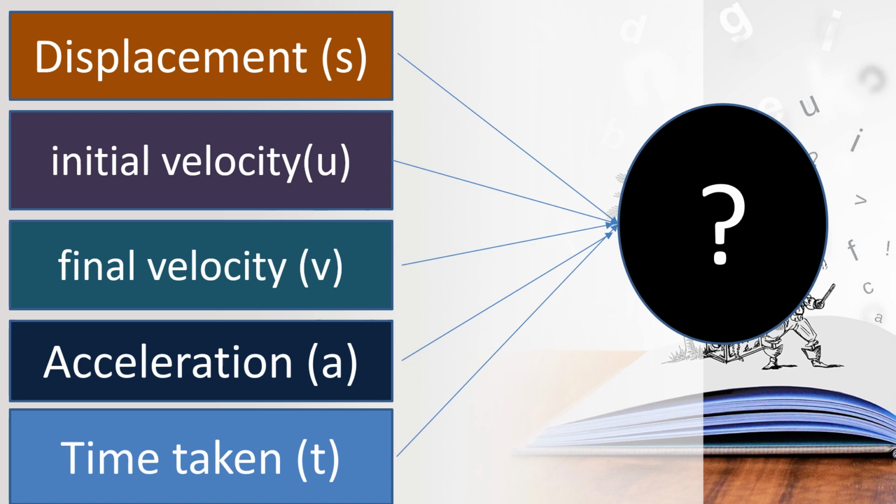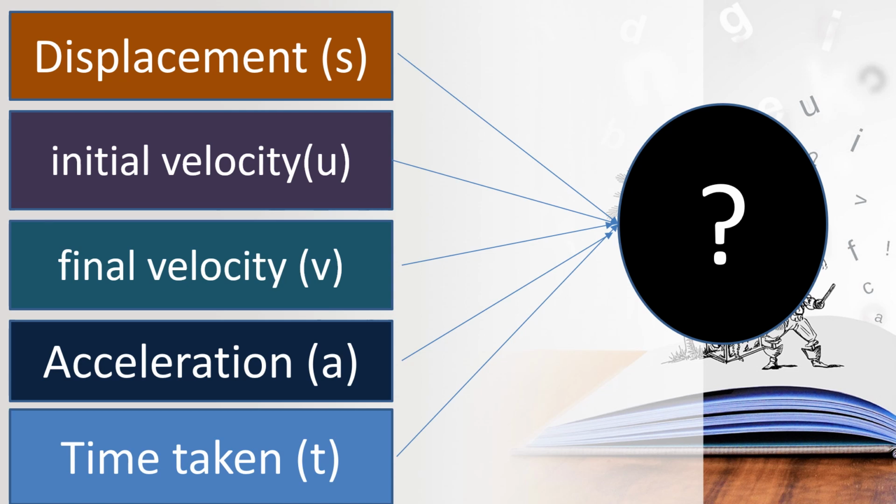In order to solve these problems, we derive the equations of motion. For deriving the equation of motion, let us ignore the first one, displacement. Leaving that, see all other terms: initial velocity, final velocity, acceleration, time taken.